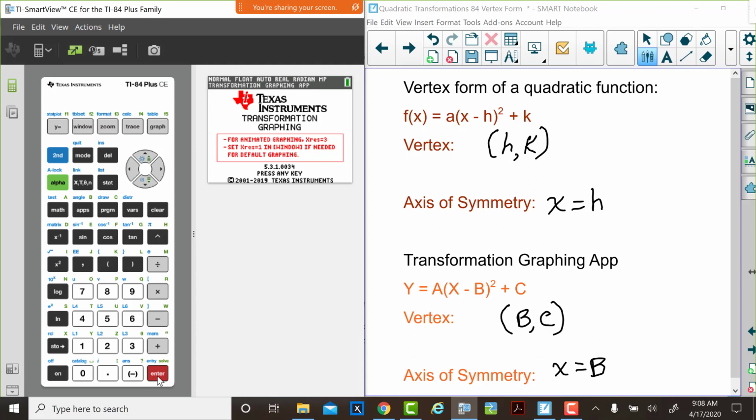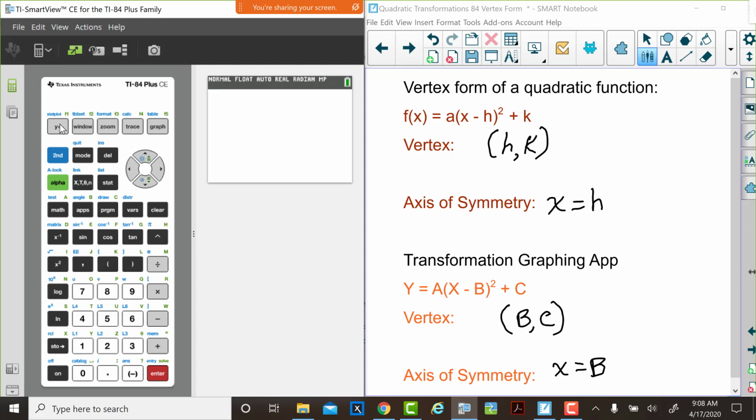When we go to the y equal option, things will look a little bit different in the y equal menu. And we're going to enter the equation in y1, the vertex form. In this case, a multiplied by x minus b, quantity squared, plus c.